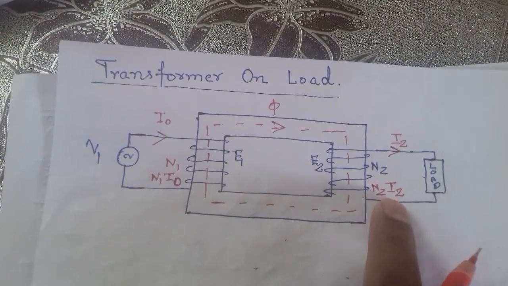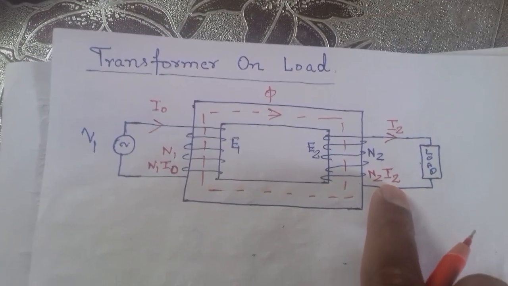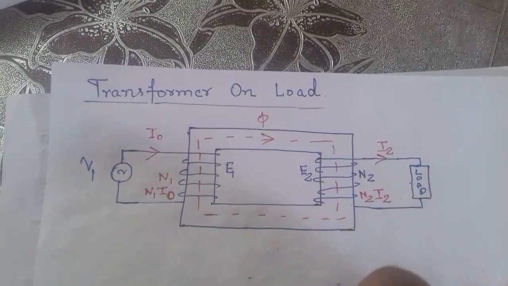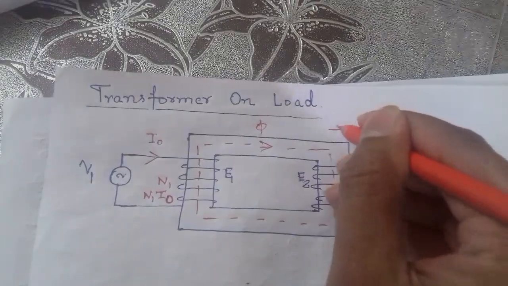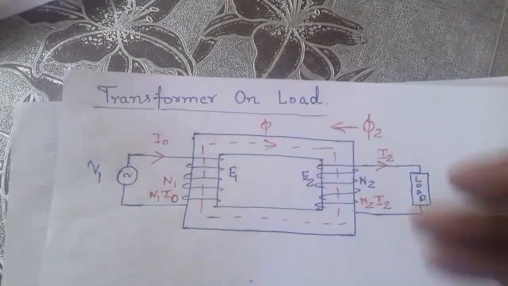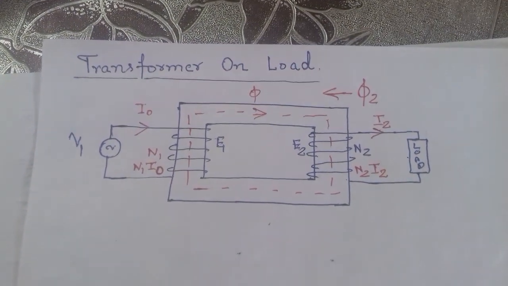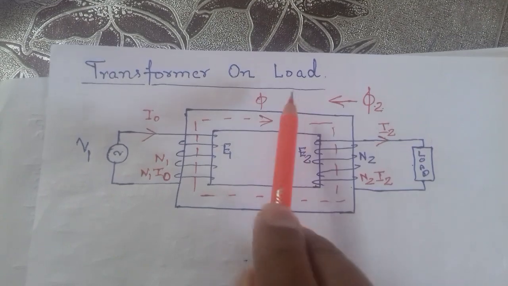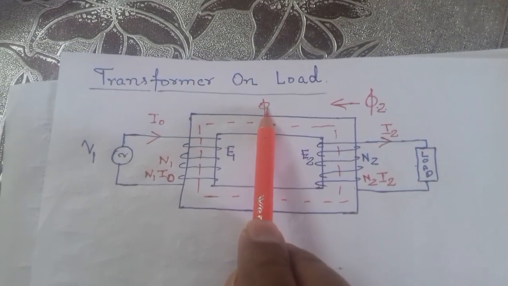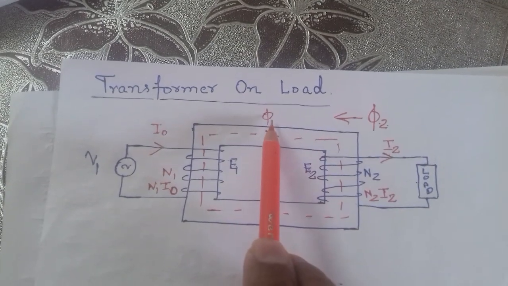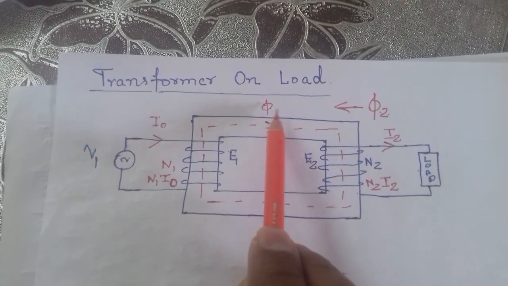Now this N2 I2 MMF will produce a flux phi 2 in the iron core which will be in opposite direction to the original flux. Means this flux phi 2 will oppose the original flux.